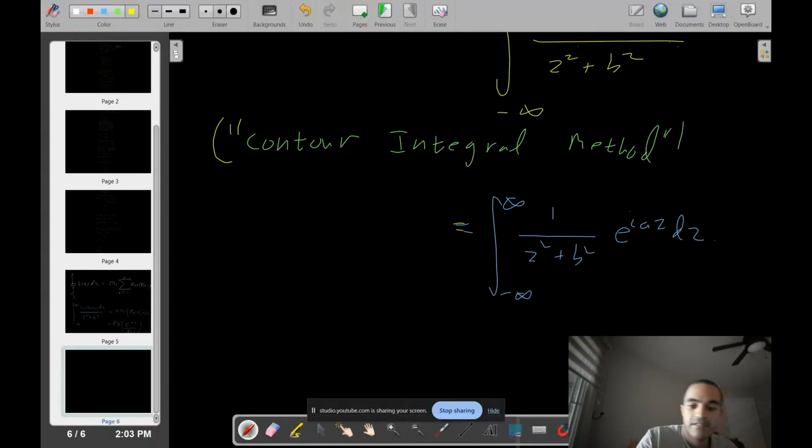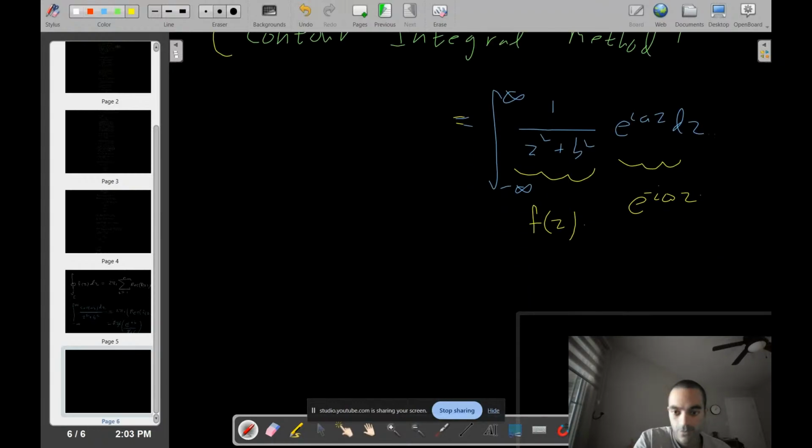And then what I could have said here, this is my f of t, or my f of z in this case, f of z. And this is my e to negative i omega z. In this case, it's negative, negative, so they get that positive there. Right? I could have treated it as a Fourier transform. Okay? Could have done it that way.